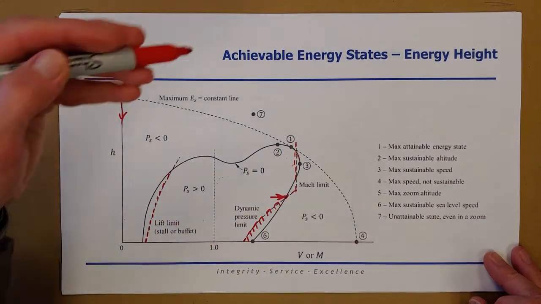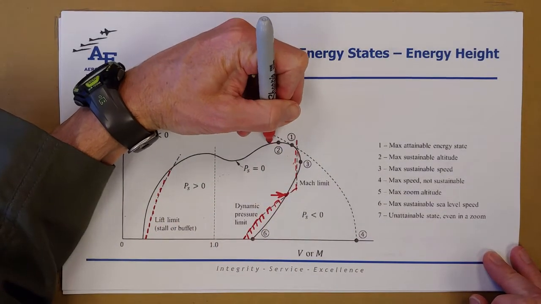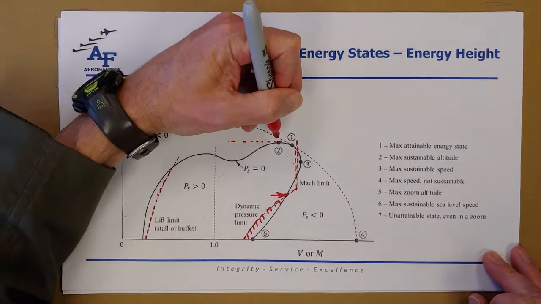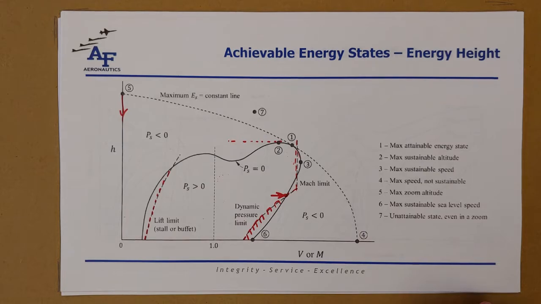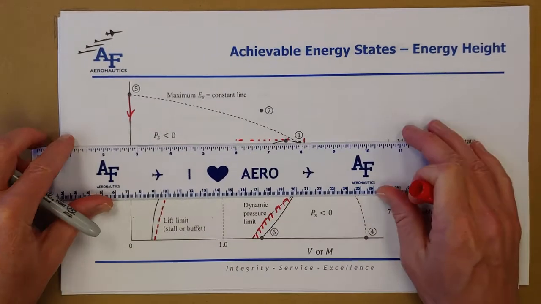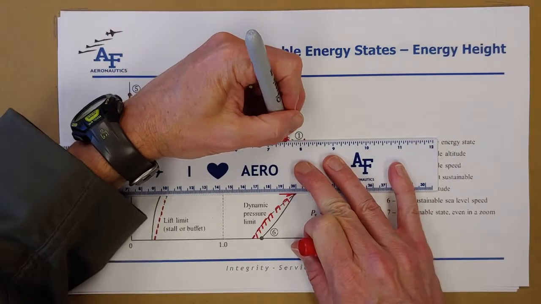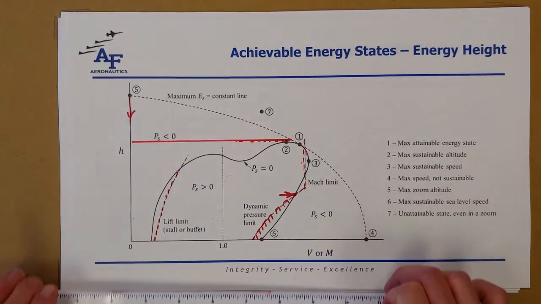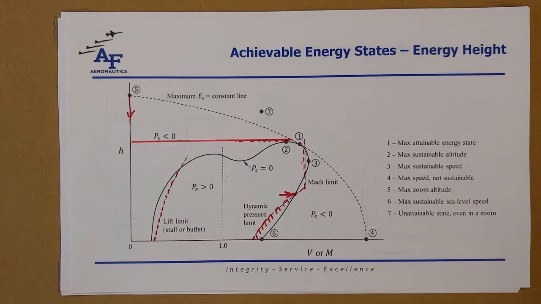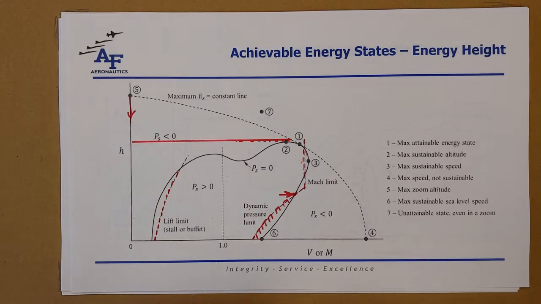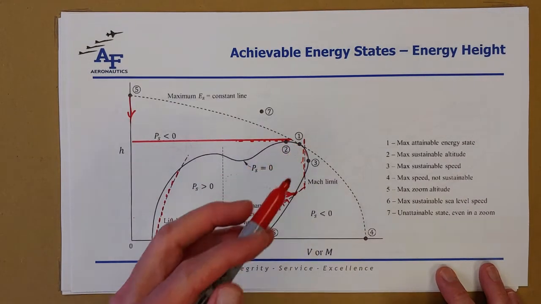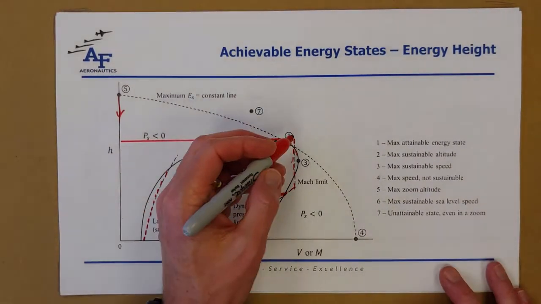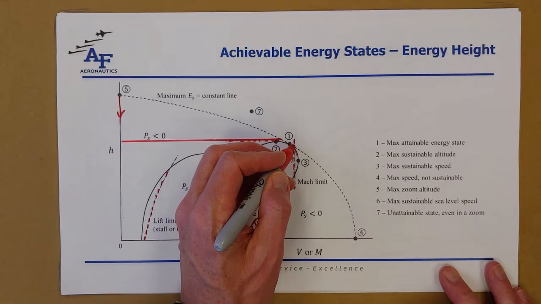Point 2 is the max sustainable altitude. So here's the highest H that we could achieve and stay there. Of course, we can obviously get higher. We can get to point 5. Point 4, again, like that lieutenant I was just telling you about, he's lucky he arrived.